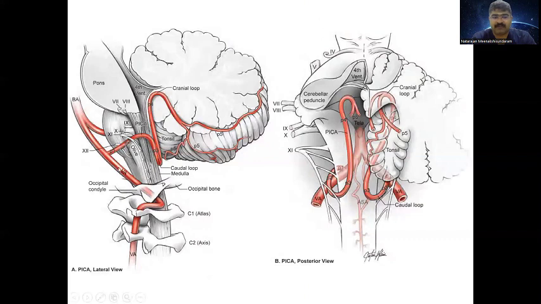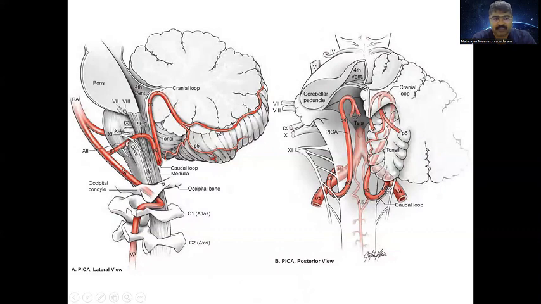This is just a comparison of the lateral, sagittal and posterior views, to correlate the various segments of the PICA. Again, to repeat, there are 5 segments. The first segment extends from the origin of the PICA from the vertebral artery and lies anterior to the medulla, hence it is called the anterior medullary segment, and it extends up to the medial border of the olive.